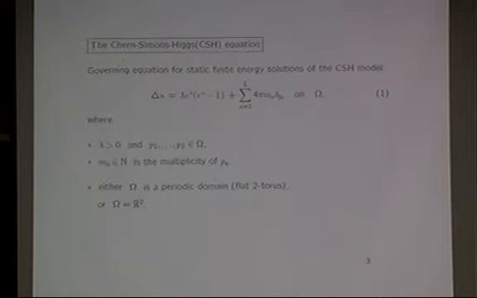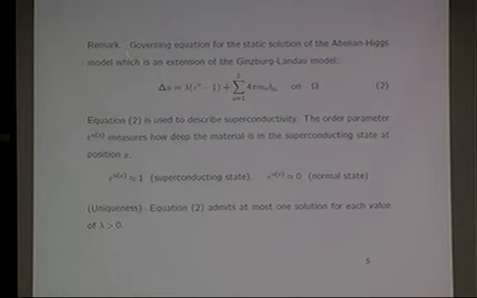Okay. The Chern-Simons-Higgs equation is often compared with analogous equations which arise in the abelian-Higgs model, which is an extension of the Ginzburg-Landau model. The governing equation for the static solution of the abelian-Higgs model is given as follows. This equation is used to describe superconductivity, and e to the u is called the order parameter.